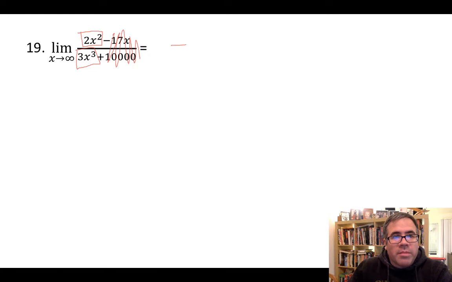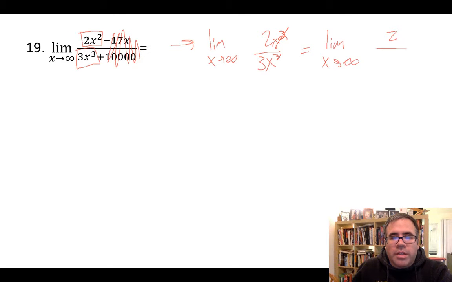So this becomes the limit as x increases without bound of 2x squared over 3x cubed. A certain quantity of x's cancel, and so we have the limit as x increases without bound of 2 over 3x.